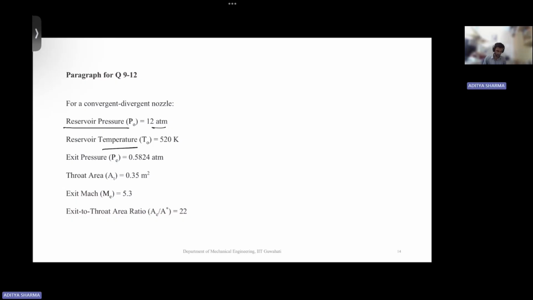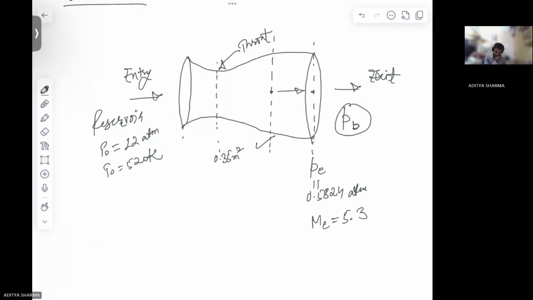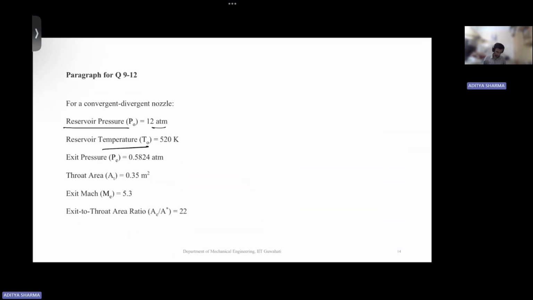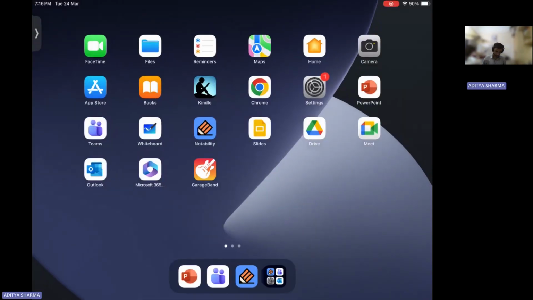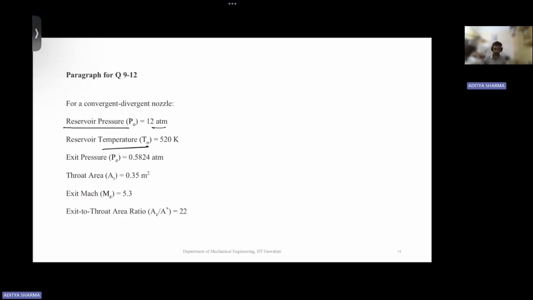So temperature, you have this reservoir temperature at 520 Kelvin. Exit Mach number at the exit you have given. Exit to throat area ratio is given as 22.